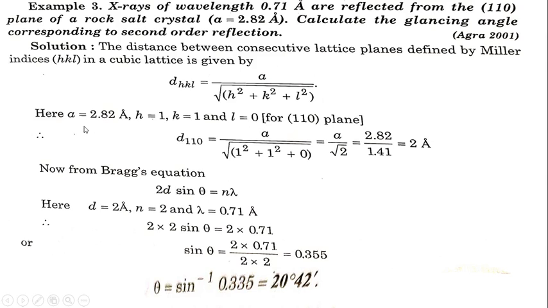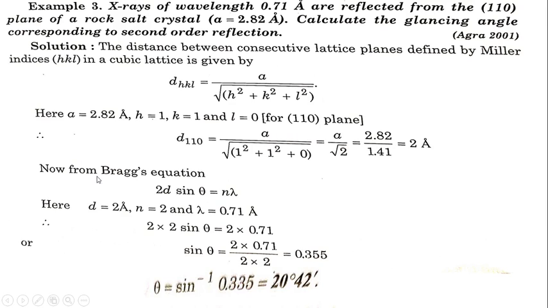So therefore d 110 equal to a upon under root of 1 square plus 1 square plus 0, that is equal to a upon root 2 equal to 2.82 upon 1.41, that is the value of root 2, and so that is equal to 2 angstrom.